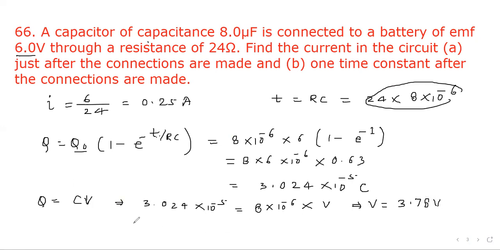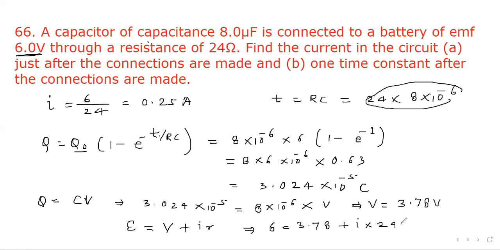Now we can apply the formula E equal to V plus IR. So here we put E as the voltage or EMF of the battery, that is 6, and V is 3.78, plus I times resistance.